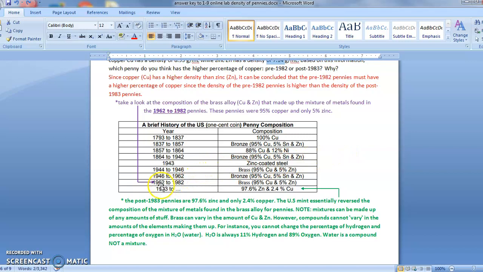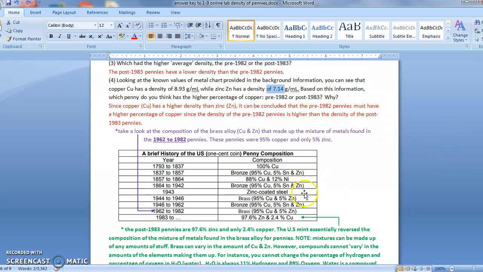Look here, the 1962 to 1982 mint was 95% copper, which has the higher density, 8.93, and that same thing only had 5% zinc, which has a density of 7.14.